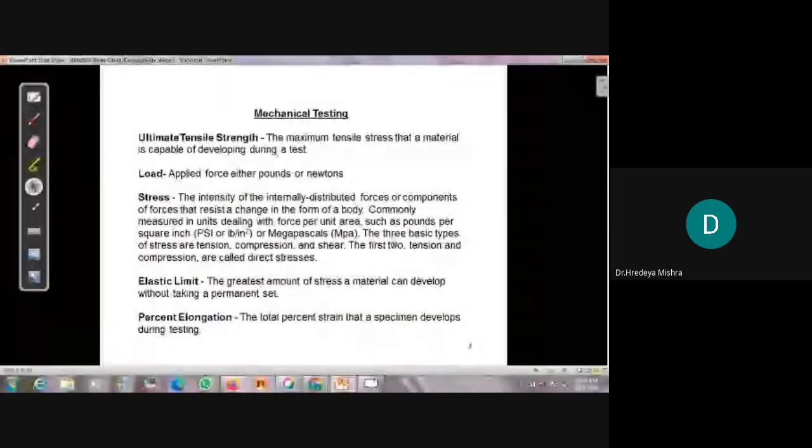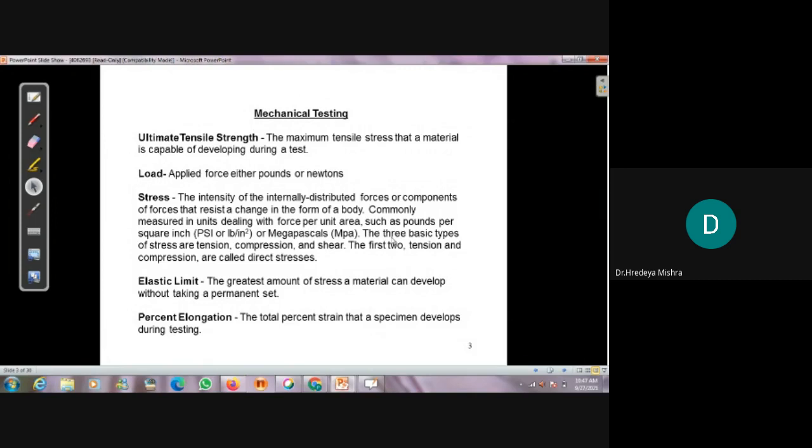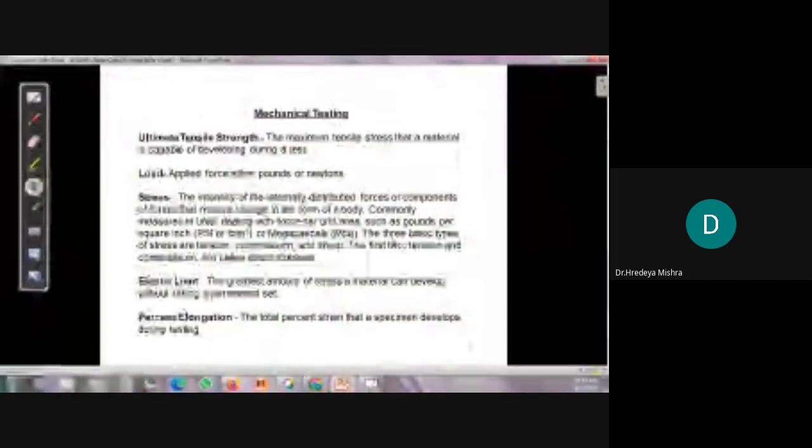The three basic types of stress are tension, compression, and shear. So there are three types of stress: tensile stress, compressive stress, and shear stress. The first two, tension and compression, are called direct stress, and the third one, shear stress, is called indirect stress, because we can't apply the shear force directly.